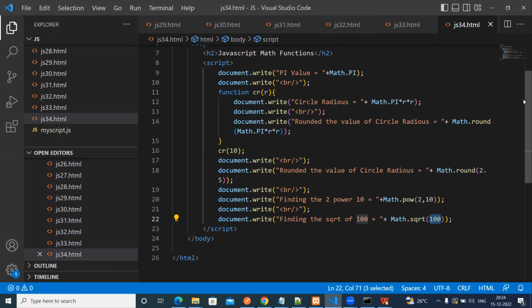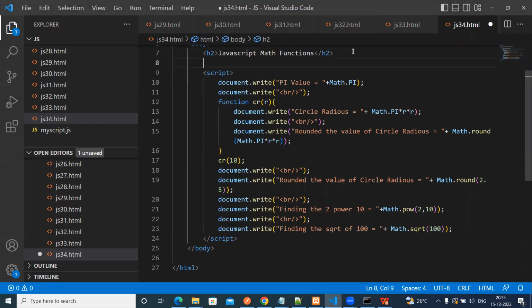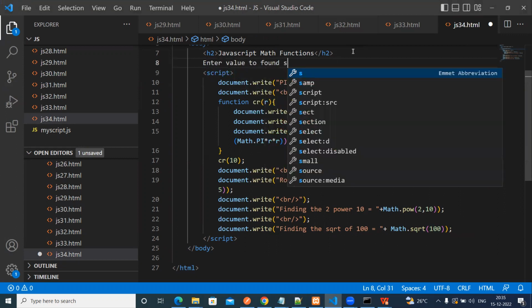First we have to give the input value. Enter a value to find the square root.